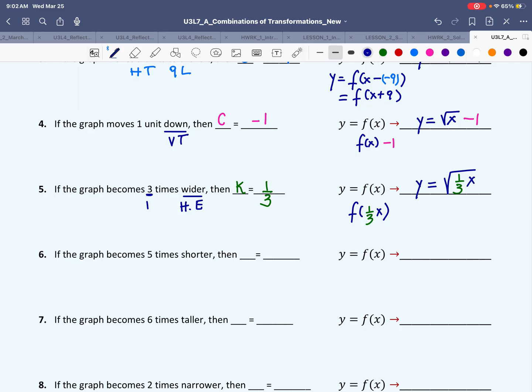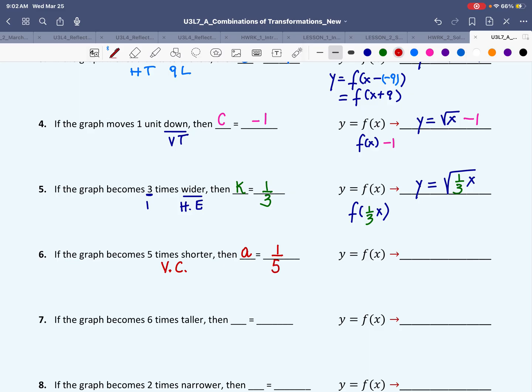Next, we have the graph becoming 5 times shorter. So 5 times shorter means that we are changing the graph in the vertical direction, and we are compressing it more specifically in the vertical direction. So that means that the coefficient a is the one at work here, and the value of a is going to be 1 divided by 5 because the graph is compressed, so it's less than 1.